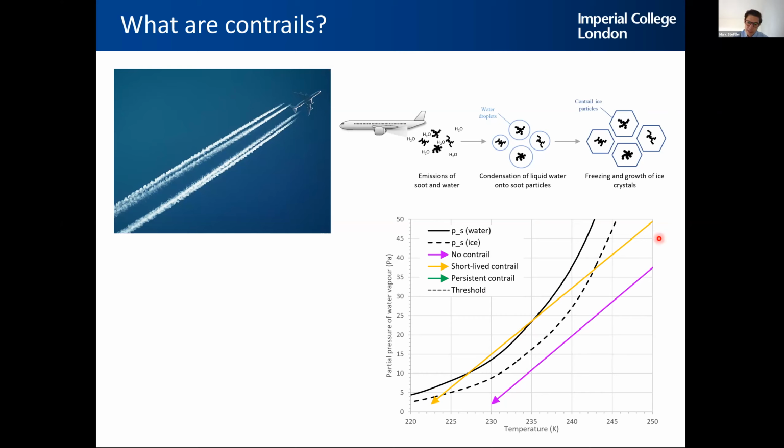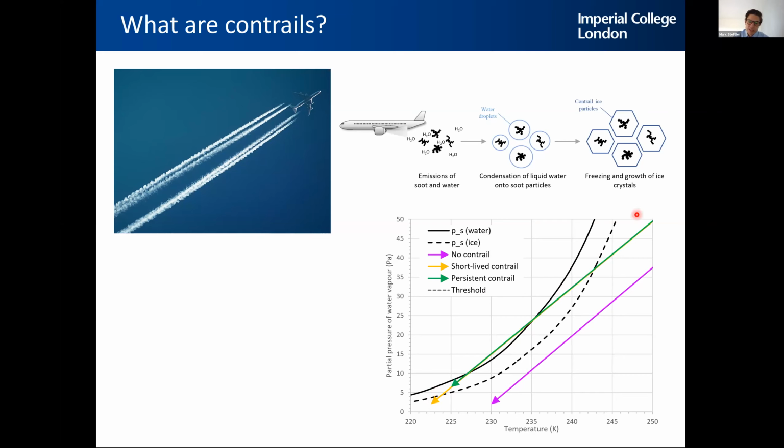So in this pink line, the plume cools in such a way that no contrail is formed. And in the yellow line, you get an initial formation of these droplets and a contrail, but then it doesn't persist because the conditions in the atmosphere are such that those ice particles would then sublimate.